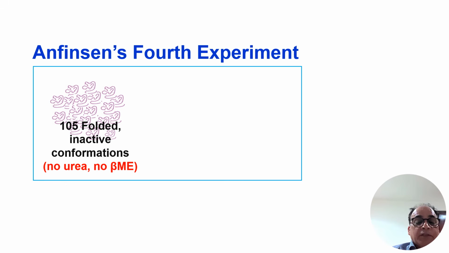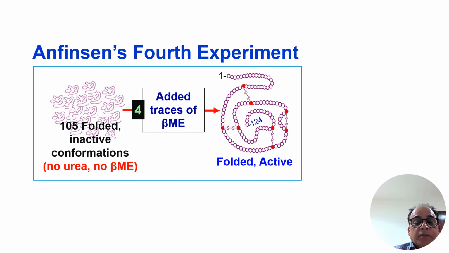So what he did, he tried to rectify by adding traces of beta mercaptoethanol in the 4th experiment. Beta mercaptoethanol will disrupt the incorrect S-S bonds in these conformations, and oxygen is there, so oxygen will enhance the formation of S-S bond correctly.